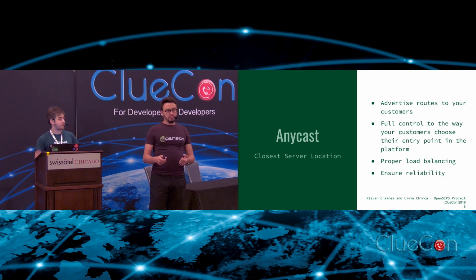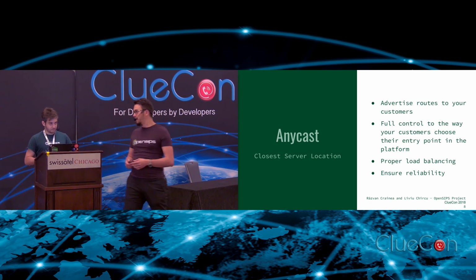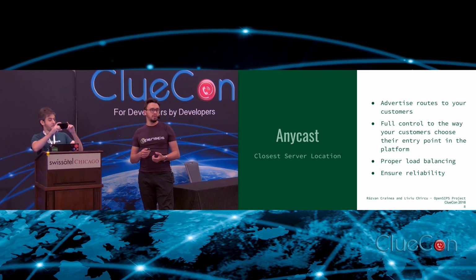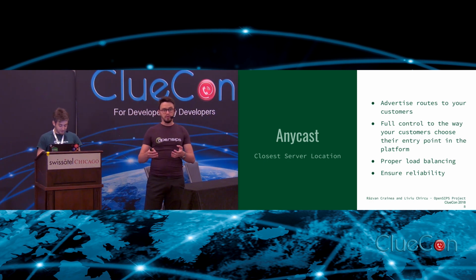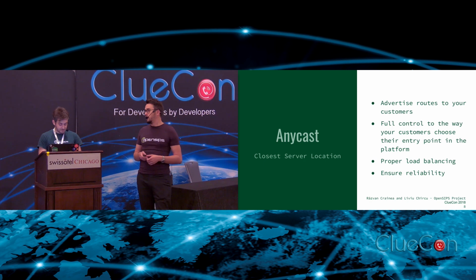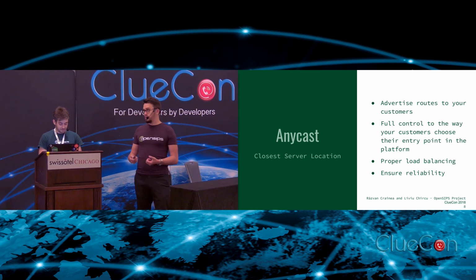This means that you don't have to rely on their algorithms of choosing your server. You will basically impose a single IP, a single route where they can connect. And this is very nice because you can also do proper load balancing. You by yourself can advertise different routes based on the load that you have on each server. You can also ensure reliability, and we'll see further on how to do that, and so forth.